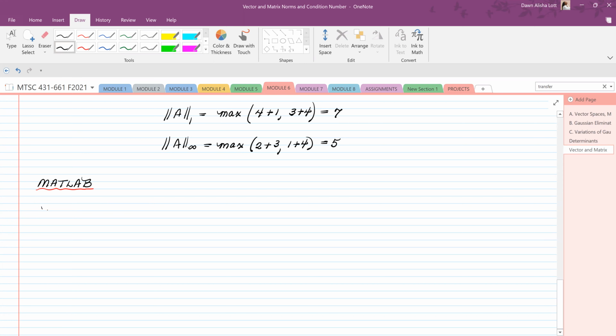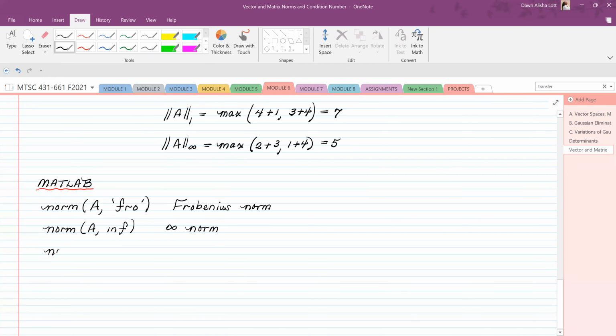But MATLAB can do the norm of A, and then you do FRO, and that gives you the Frobenius norm. You can do norm of A, INF, and that is the infinity norm.